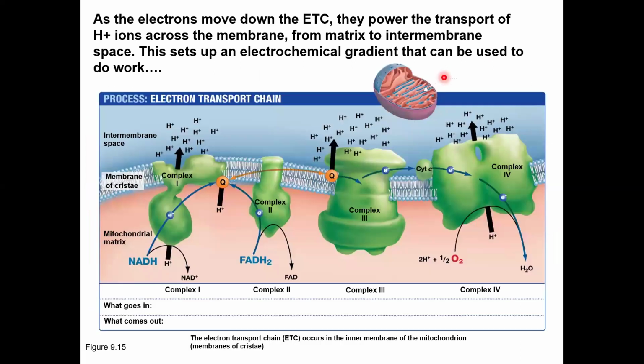And when it goes down that gradient, down the ETC, it powers the transfer of hydrogen ions across the membrane, and they set up an electrochemical gradient through the different complexes.